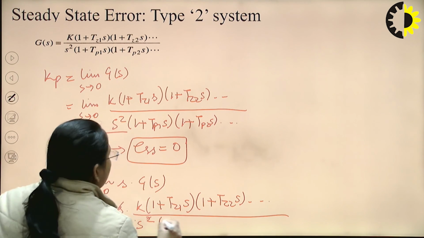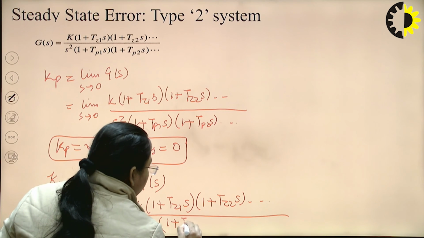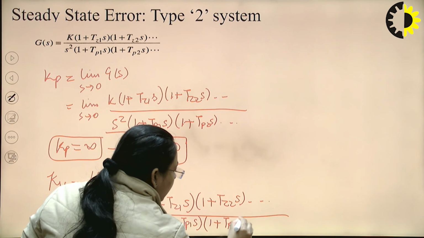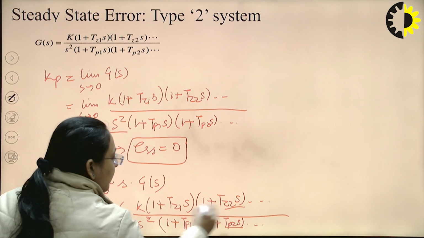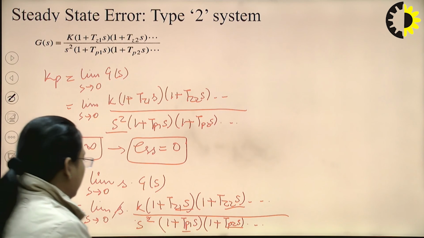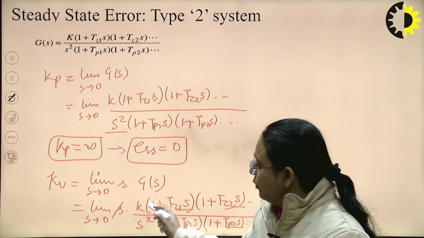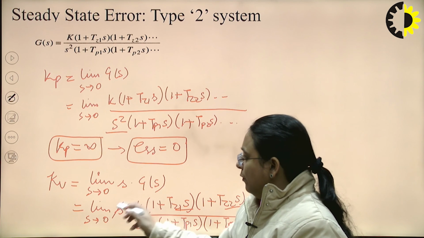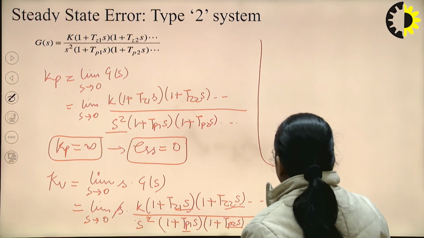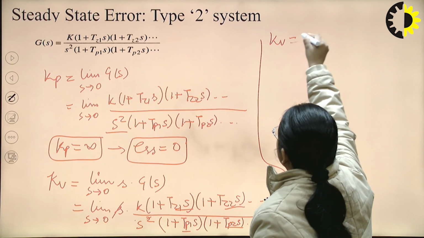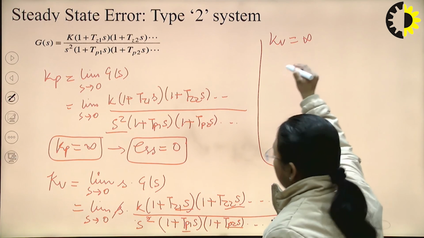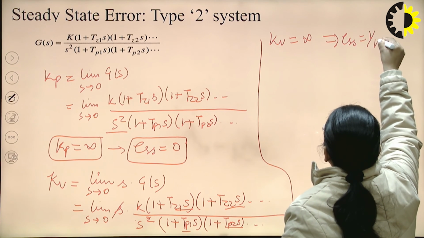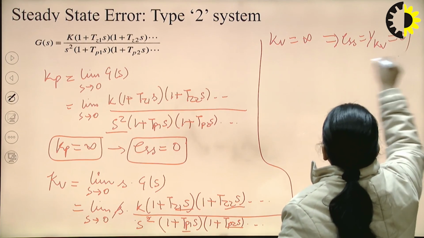So these terms will again become 0 because limit s tends to 0, and we are left with limit s tends to 0 of K upon s. When we put the limit of s as 0, we get the value of Kv equal to infinite, and correspondingly the steady state error will become 1 upon Kv, which again becomes 0.